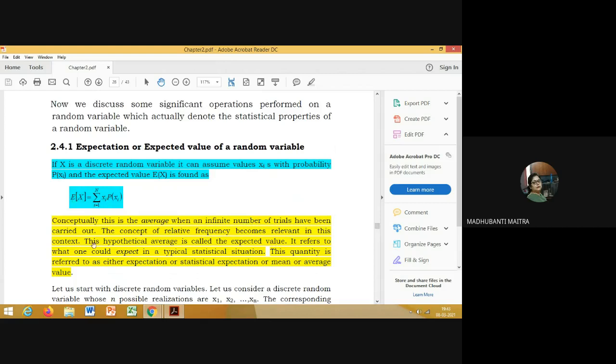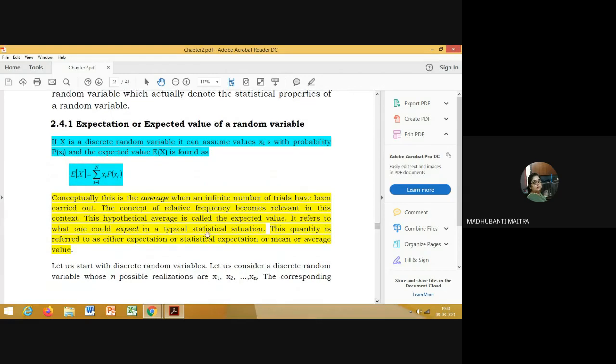So this is one kind of operation performed on the random variable. Conceptually, this is the average when an infinite number of trials have been carried out. So here we can apply the concept of relative frequency. Let me read out these lines. This is actually a hypothetical average, which is also known as mean, average, expectation.